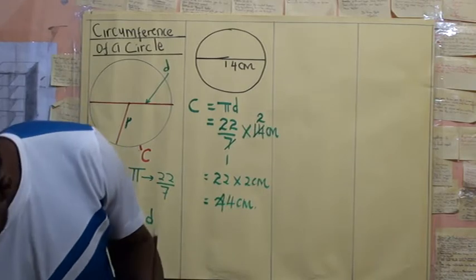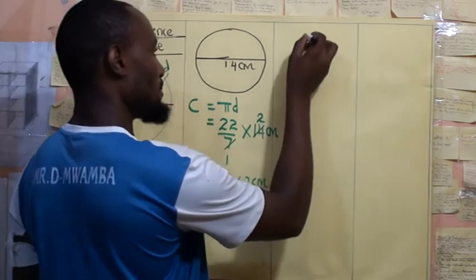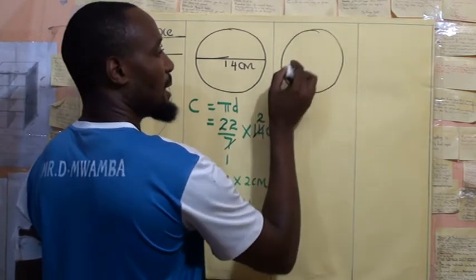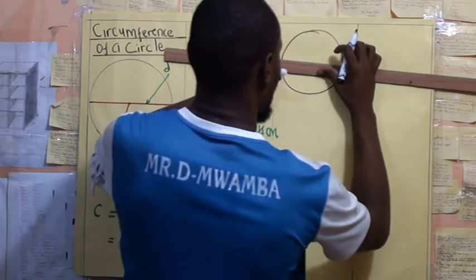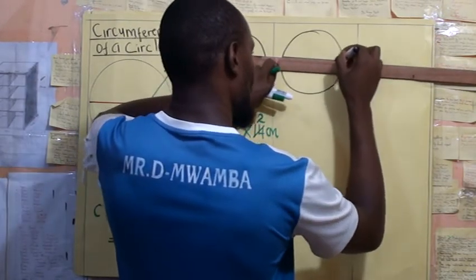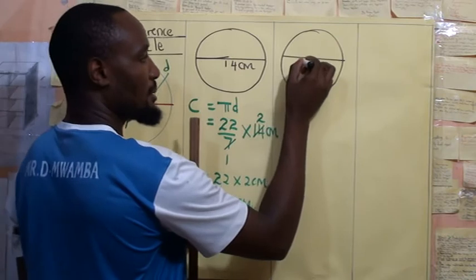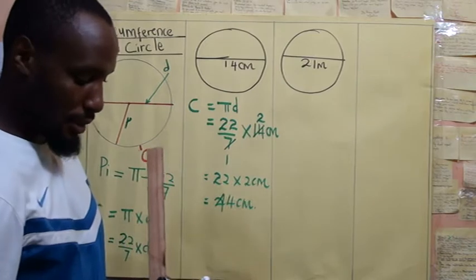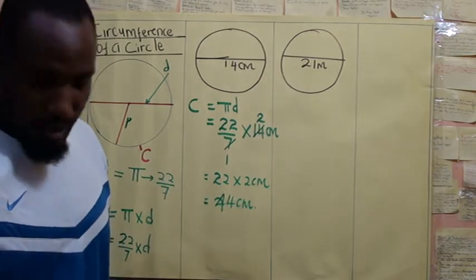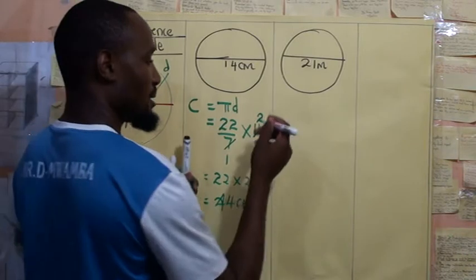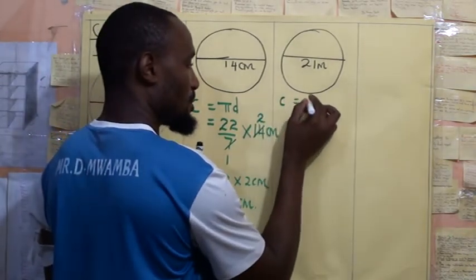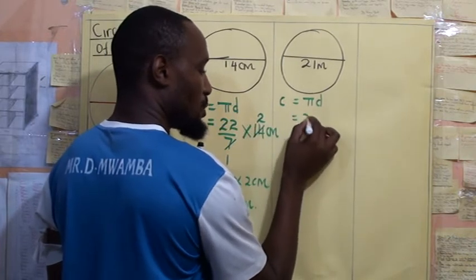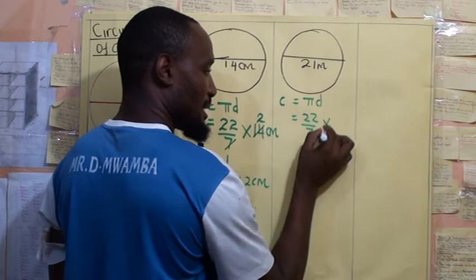Let's try another. You have been given a circle, and the diameter of this circle is maybe 21 meters. How are you going to solve that? You just write circumference is equal to pi d, which means 22 over 7 times d.